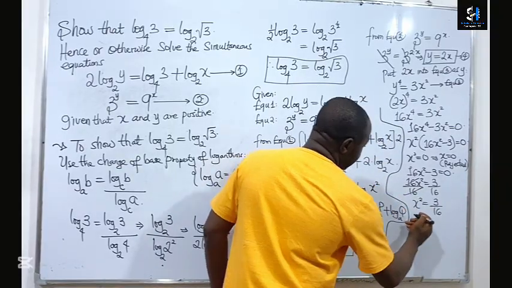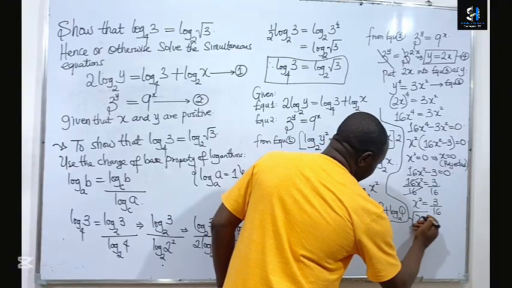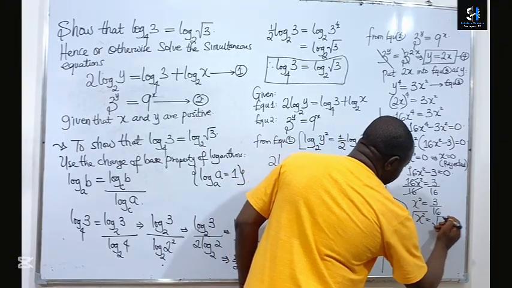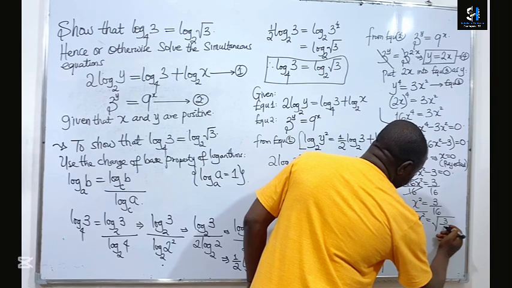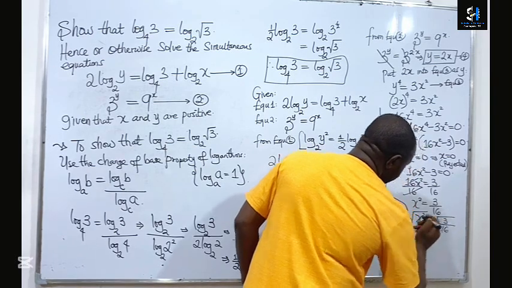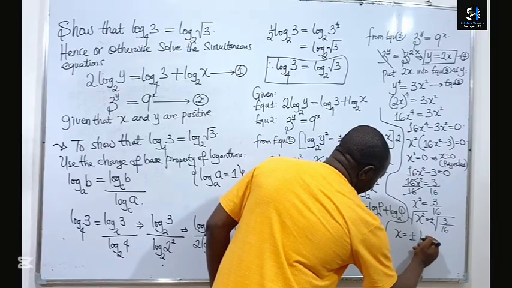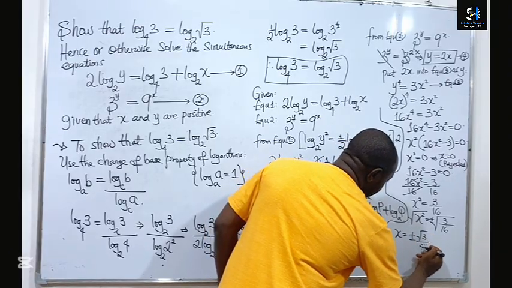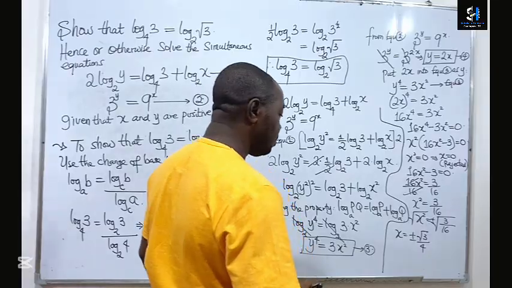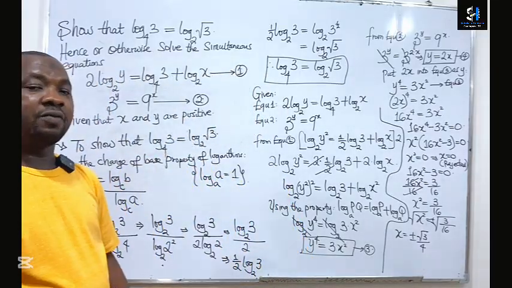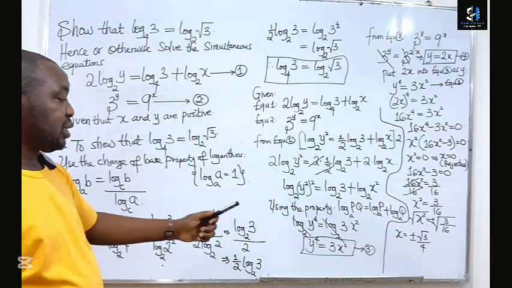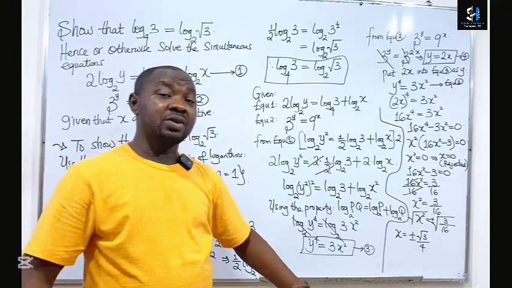So if I take the square root of x squared and the square root of 3 over 16, this is plus or minus. So we have x equals plus or minus radical 3 over 4. Now, if we check the domain, we see that x will be greater than 0.